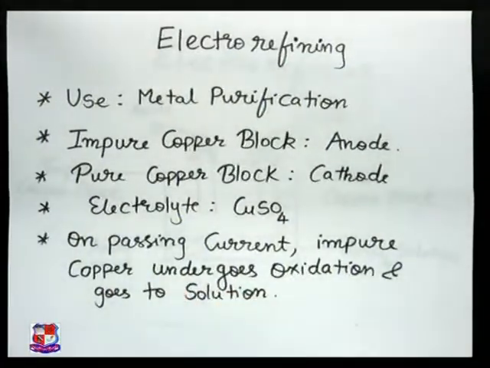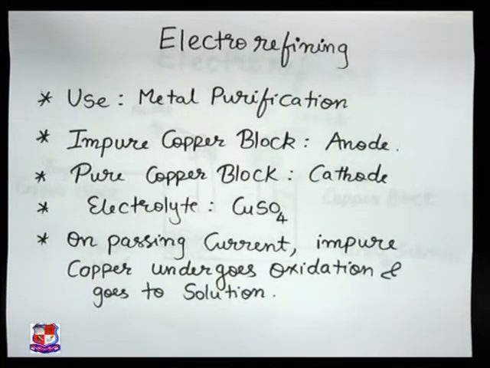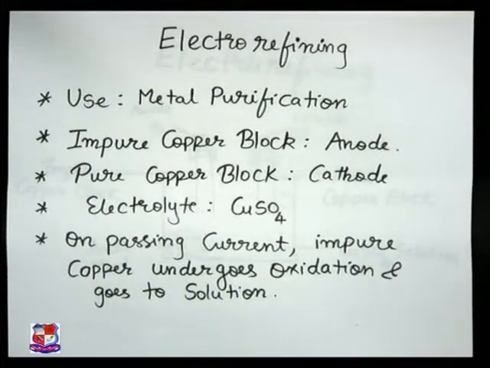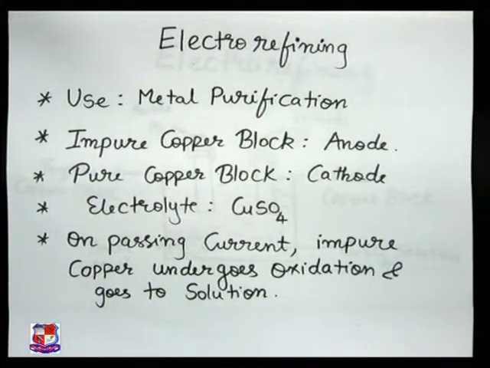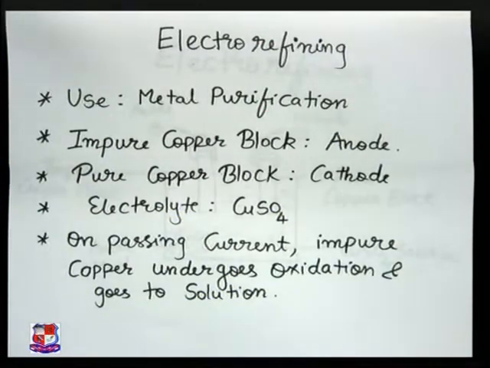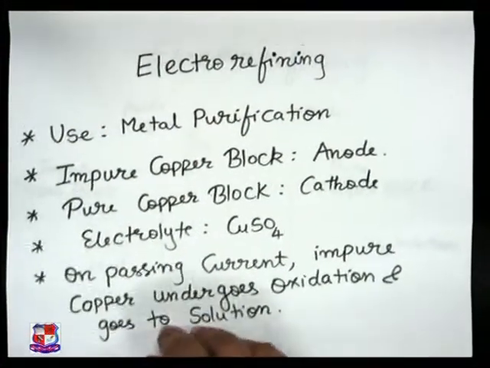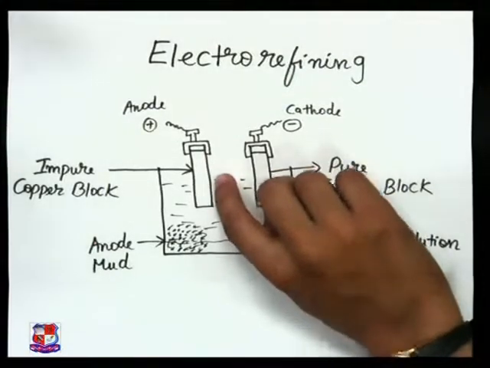Look here, use of the electrorefining for the metal purification purpose. The impure block acts as an anode, the pure copper block is going to act as a cathode, and the electrolyte is copper sulfate solution. Now when you are passing current, what happens in the process? Look at the diagram. I am passing current through this solution. Now what will happen?